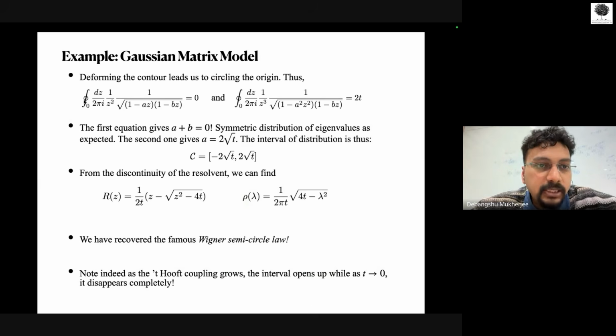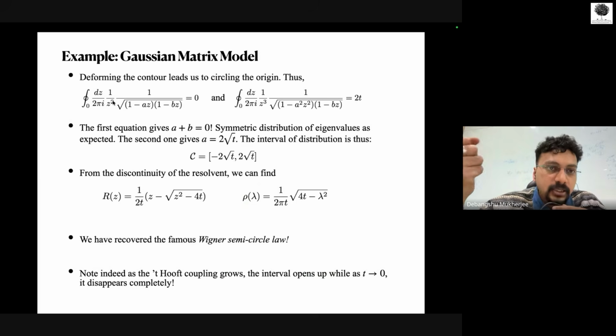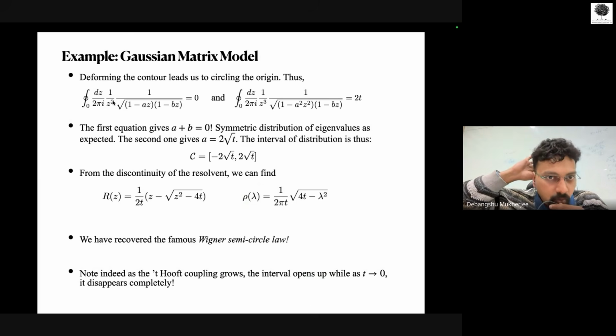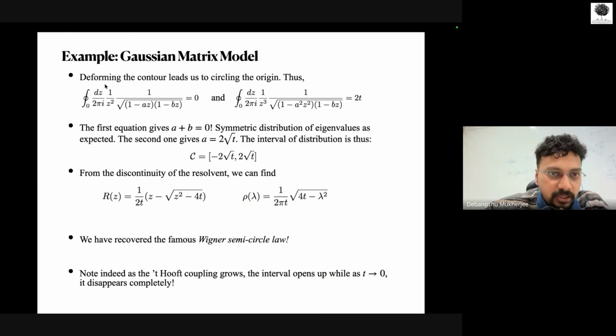Because when we evaluate a complex integral around the origin, what this is going to pick up are the residues. And as we know, residues simply pick up the coefficients that give you 1 by z. Once you expand out the object under the square root, and expand out this entire integrand, you are going to get a plus b by z in the numerator.